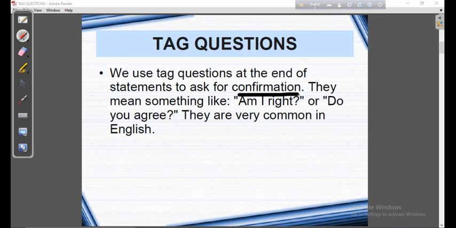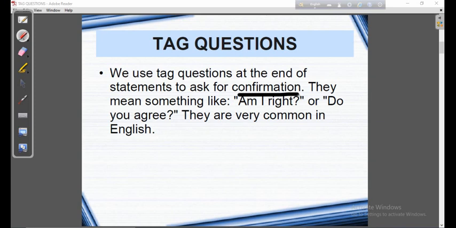So what is the purpose of that question? The purpose is to know the listener's approval, the listener's confirmation, or through that I want to be sure whether I'm right or wrong. I want to become sure that I'm right.